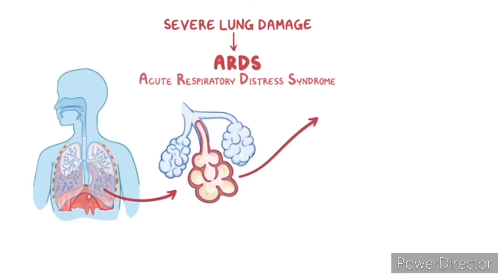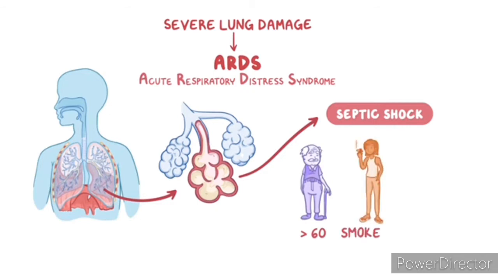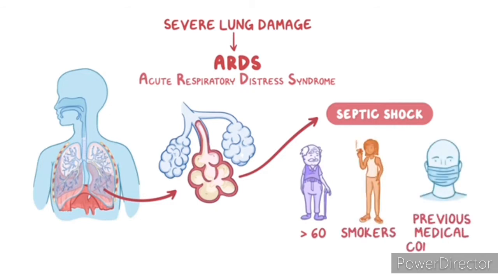The severe infection can cause septic shock, which happens when the blood pressure falls dramatically, and the body's organs are starved for oxygen. ARDS and shock are the main cause of death for people with the infection. And again, this is most likely to occur in those over the age of 60, smokers, and people with other medical conditions like heart disease.